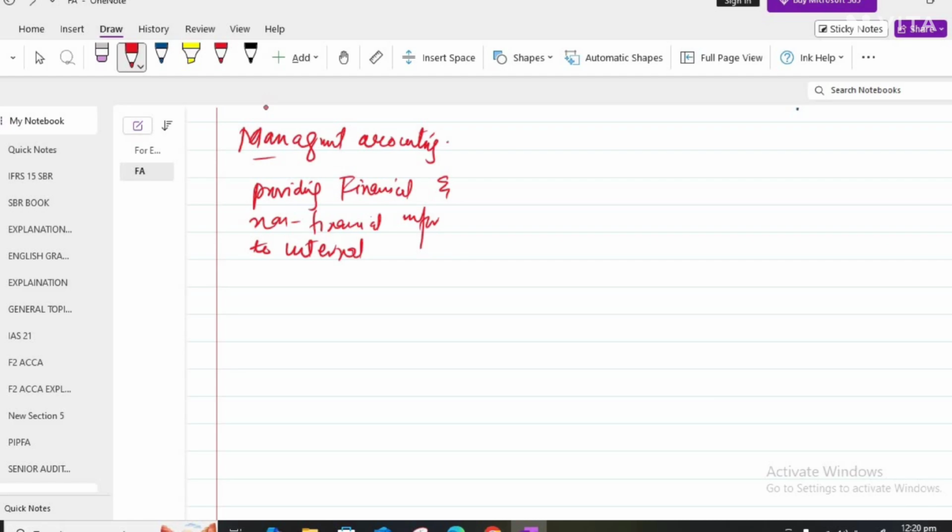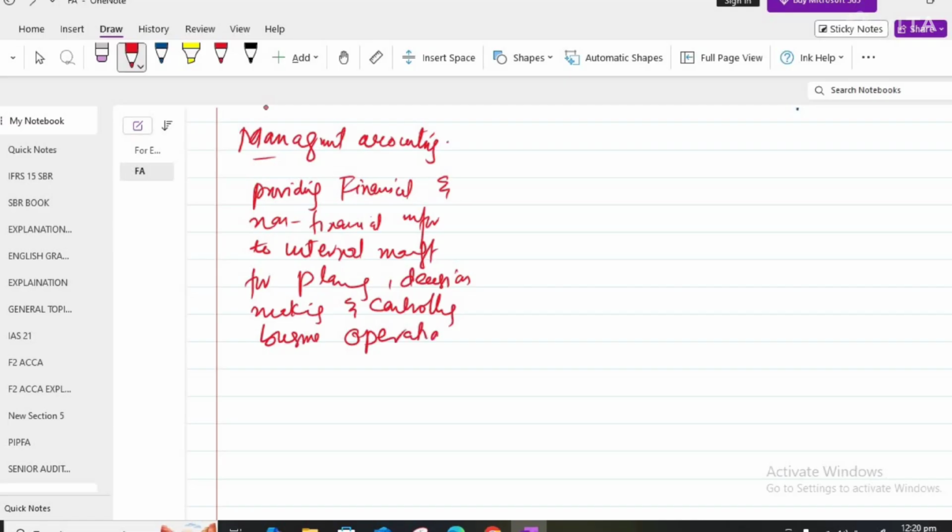And why are they providing this? For planning, decision making, and controlling the business operation. So that's all about management accounting.